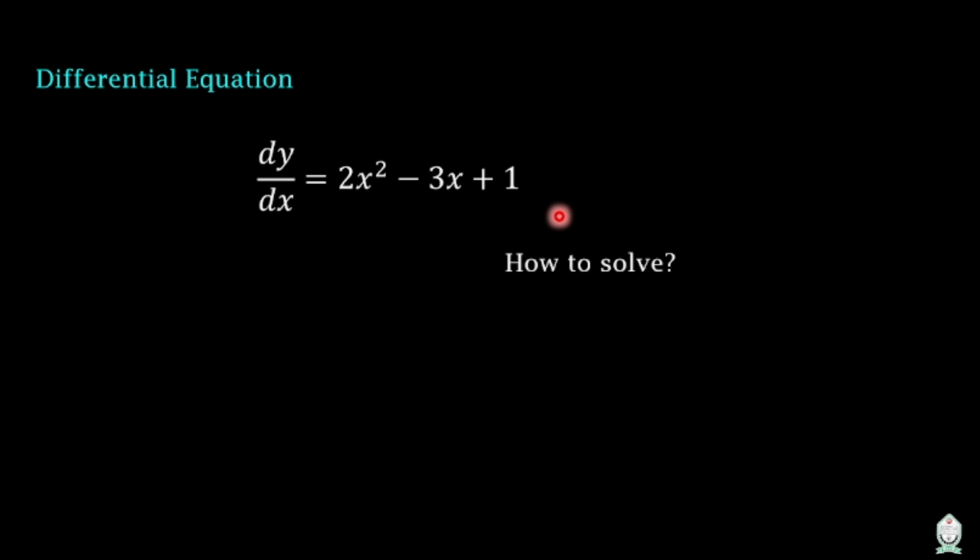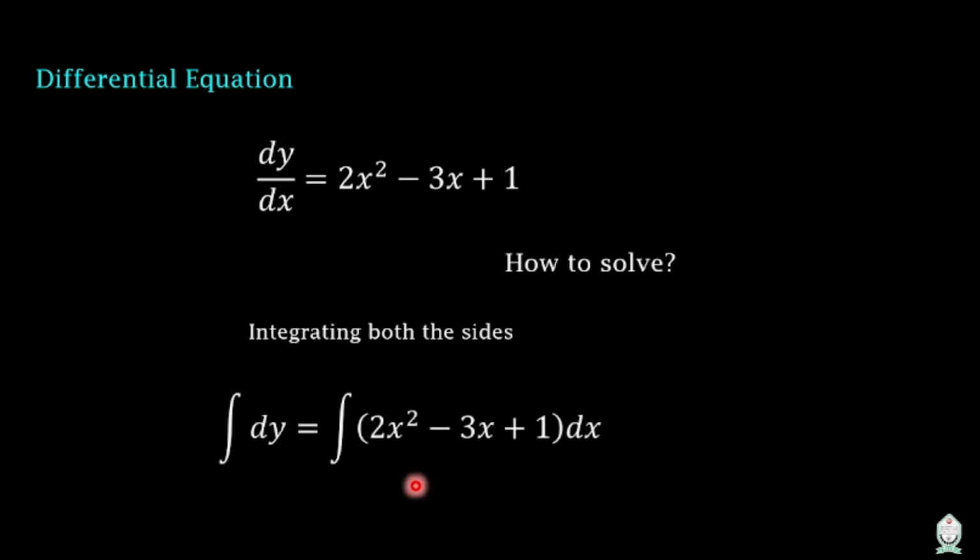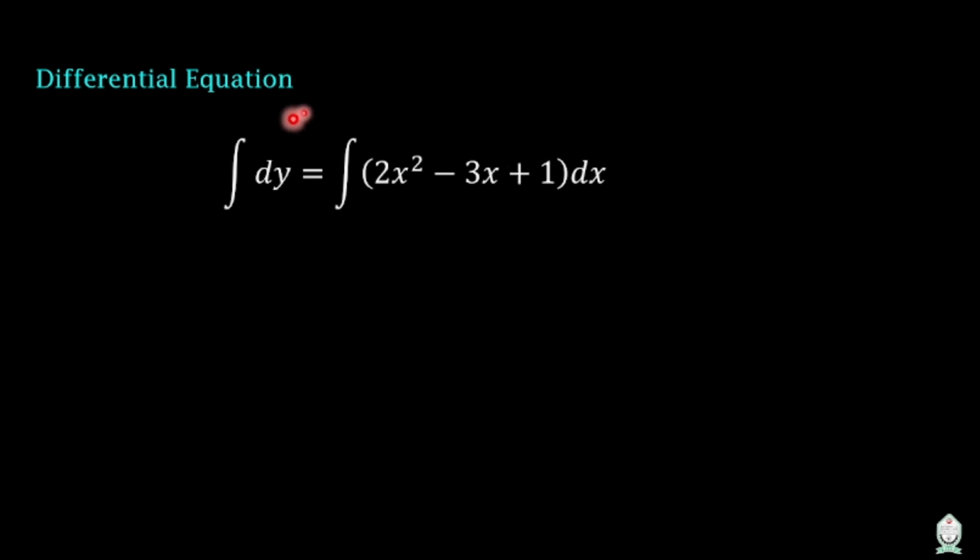One way you can think of solving it is by integrating both the sides. This can be one of the methods. If we integrate the given differential equation and run the integration, we end up with this type of a solution.